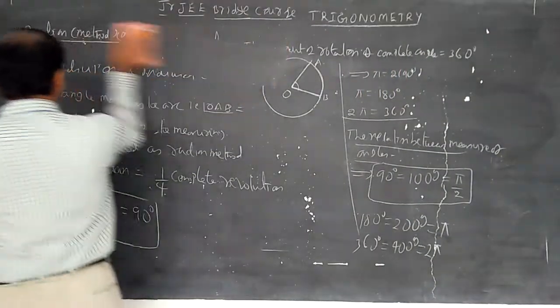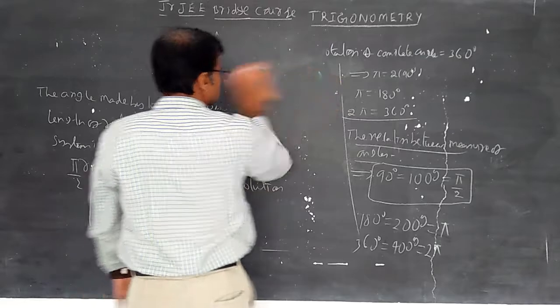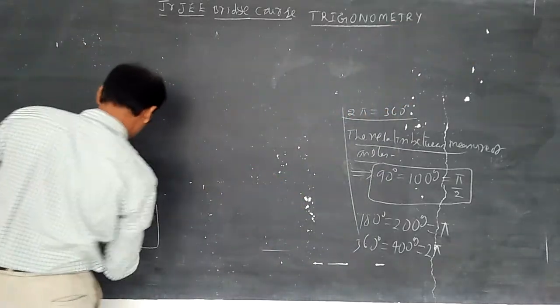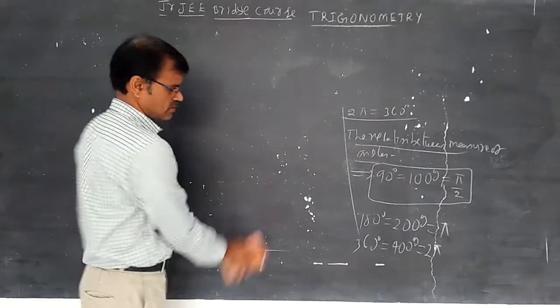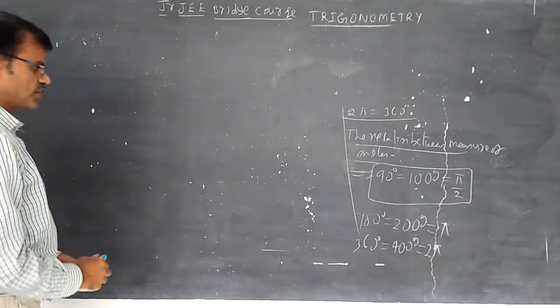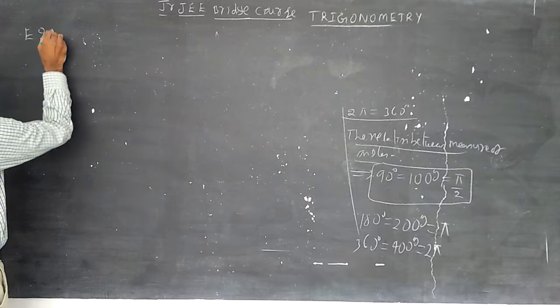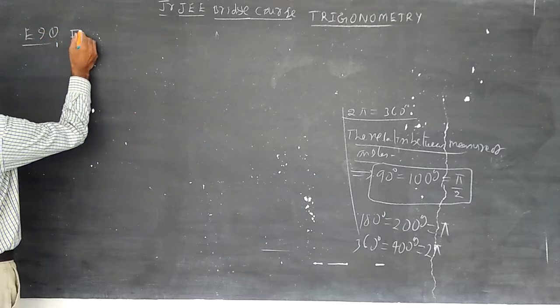Now let us do some examples. The measure of radian, or the radian method, we have discussed. Let us write example one.